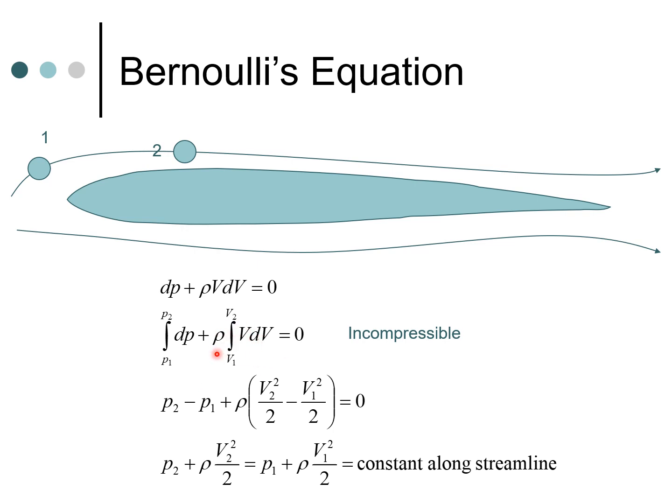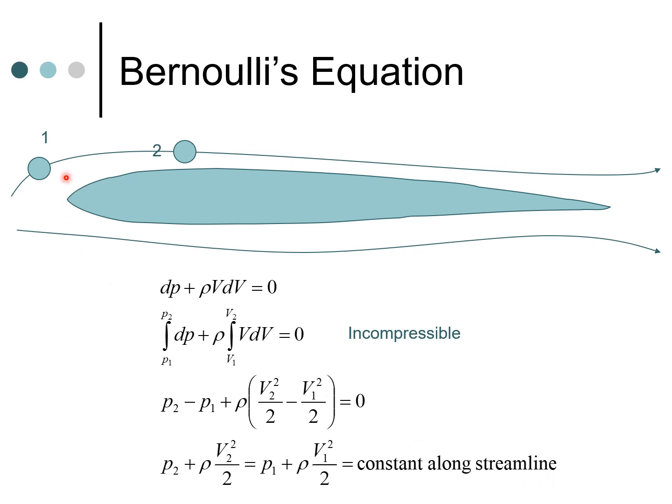And to pull rho out of the integral, I am essentially making an approximation of incompressible flow here. I get this integrated form, and so then I get this equation: pressure plus rho v square by 2 is equal to constant along a streamline. That's essentially the Bernoulli's equation as far as aerodynamics is concerned.